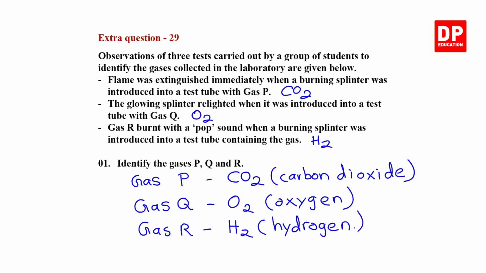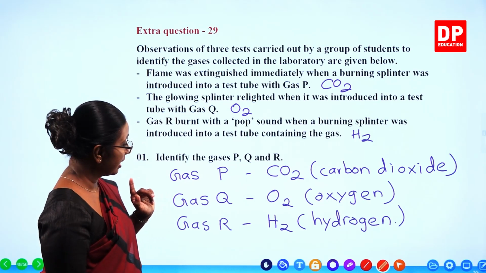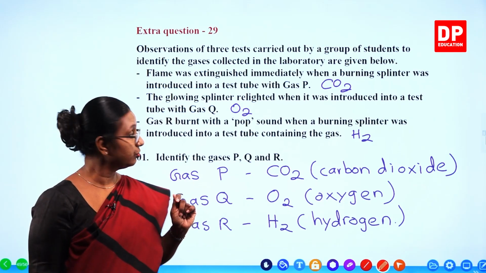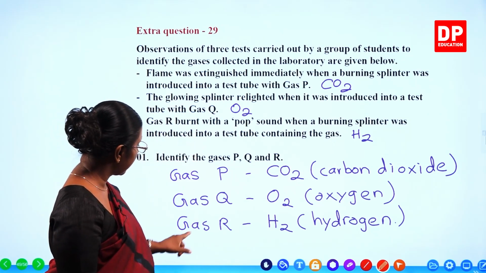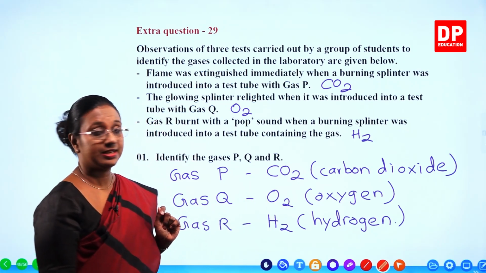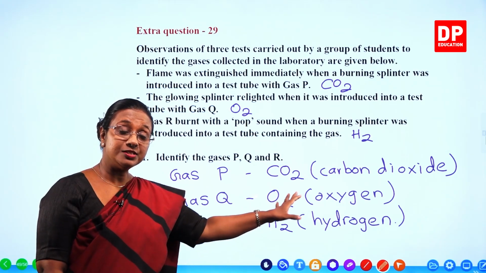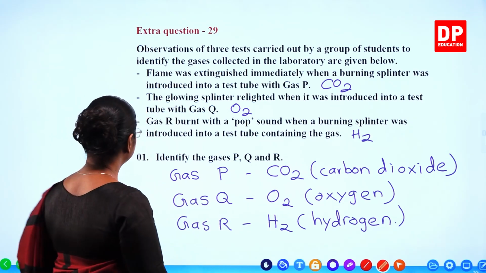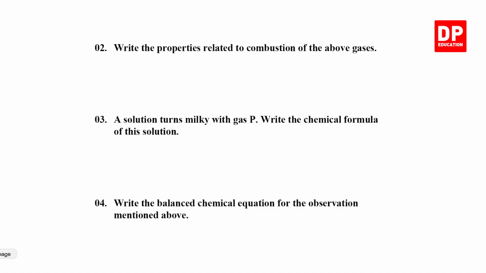So from the observations, we have identified the three gases. Gas P is CO2, carbon dioxide. Gas Q is O2, that is oxygen. And gas R is hydrogen, H2 hydrogen. So with that, students, we look at the rest of the questions. Write the properties related to the combustion of the above gases.